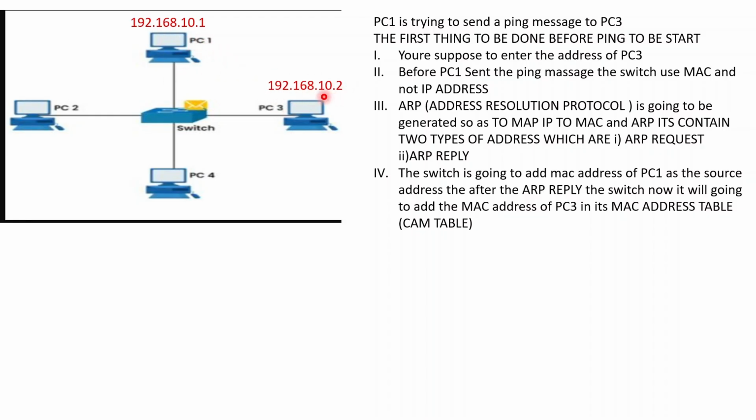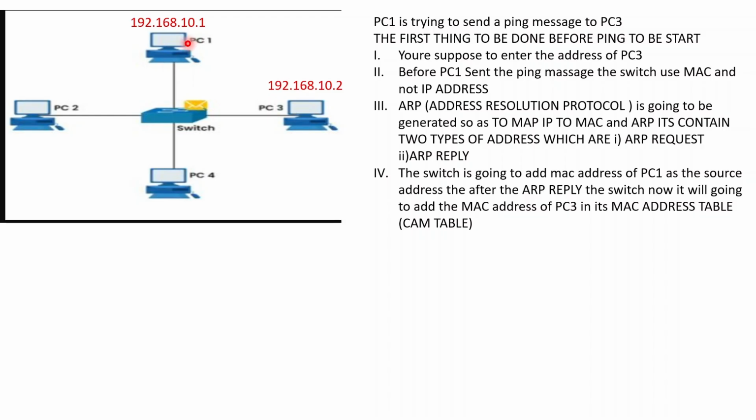This PC is going to ask itself, do I know the MAC address of this address, 192.168.10.2? If this PC knows the MAC address of this address, the error message is not going to be generated.